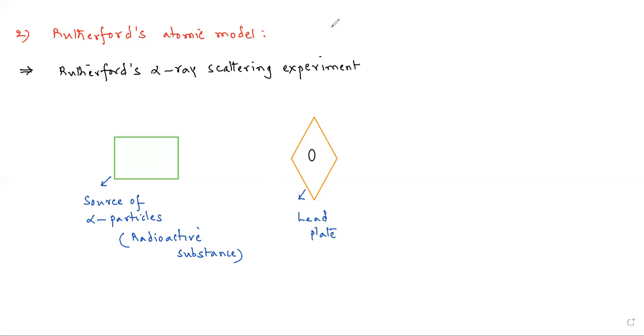Let me put a gold foil. Let me just draw it on my own. It has to be this way.